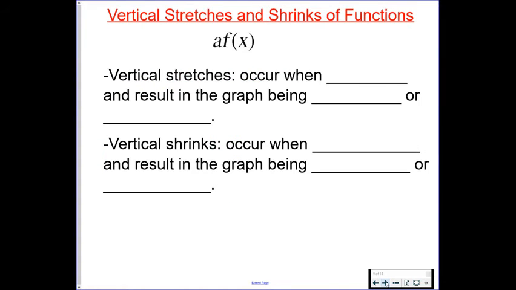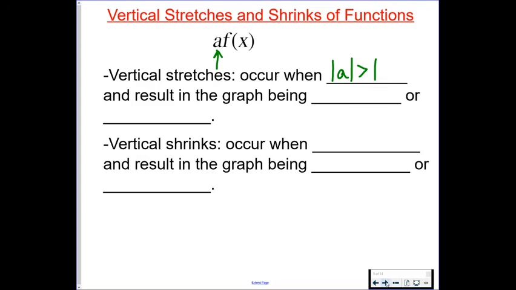Let's go and talk about how you can stretch and shrink functions. And all of this depends on the value that's in the front of your equation. So whatever number comes in the front. Vertical stretches. A vertical stretch occurs when the number in the front, the absolute value of it, is greater than 1.